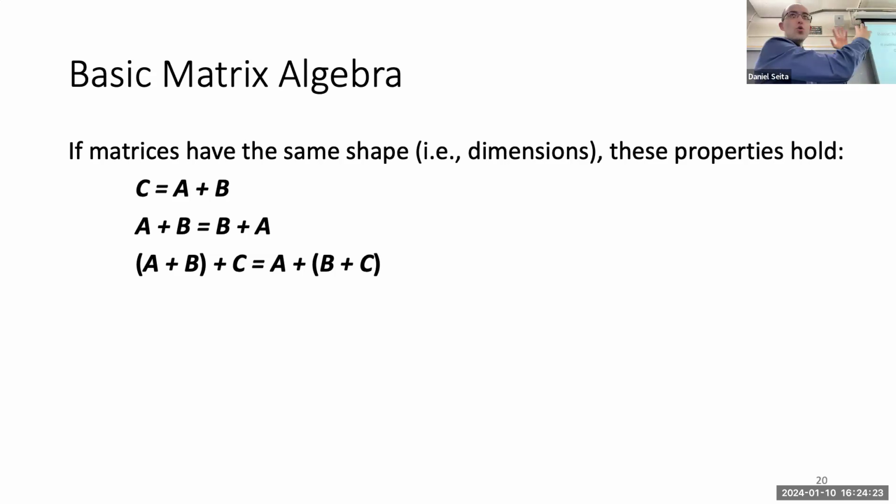You also have a grouping property where you can add A and B first and then C, or add B and C first and then add in A.